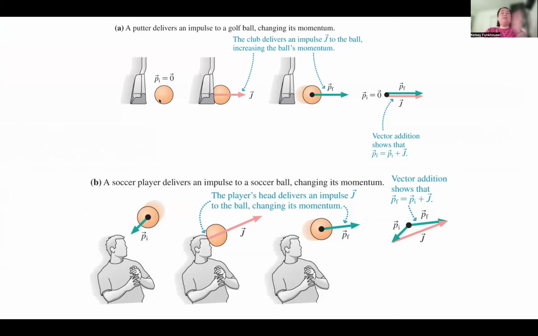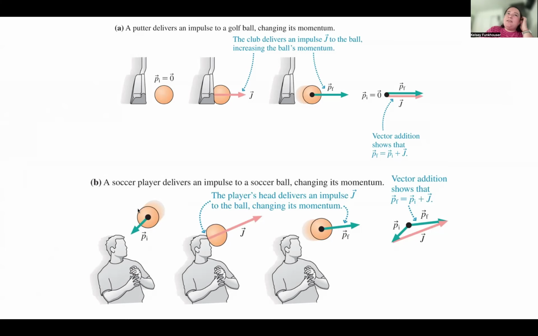It started with no momentum because it wasn't moving. And then it was hit with the club and it experienced an impulse, and then it has a final momentum. With this one, because the initial momentum was 0, we just end up seeing that the final momentum and impulse are the same.